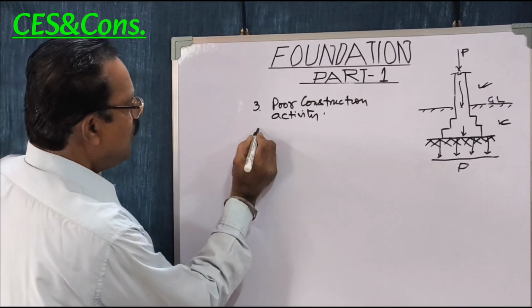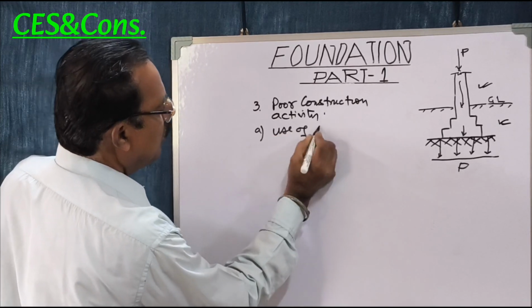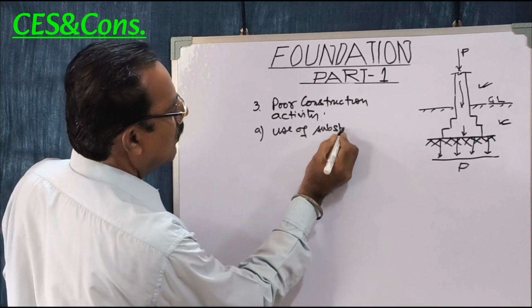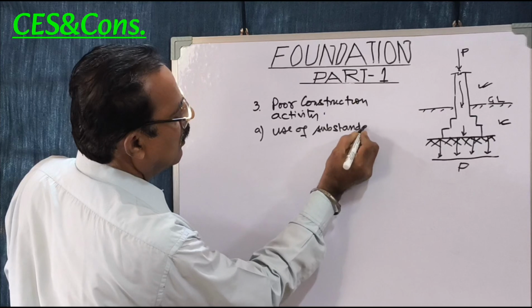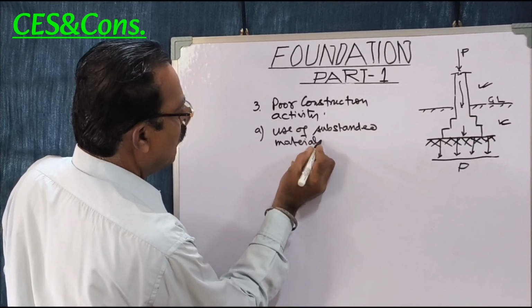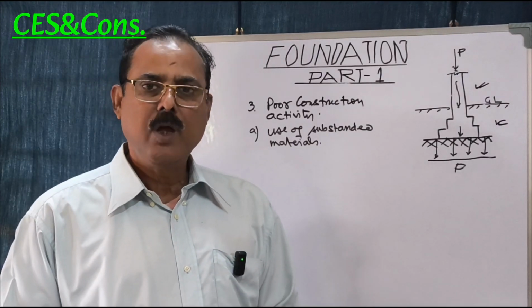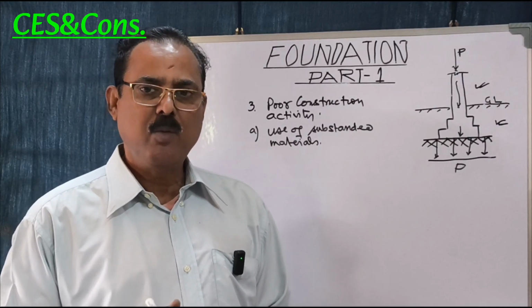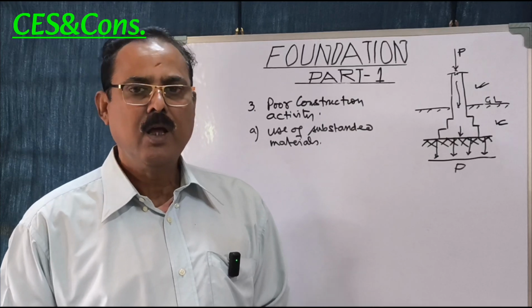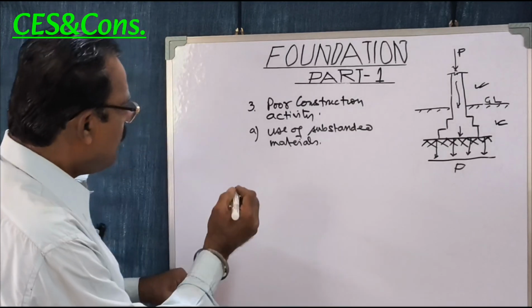Under this head, one point may be use of substandard materials. It means if we do not use good material like brick, cement, sand, stone chips, etc., then it may lead to collapse.